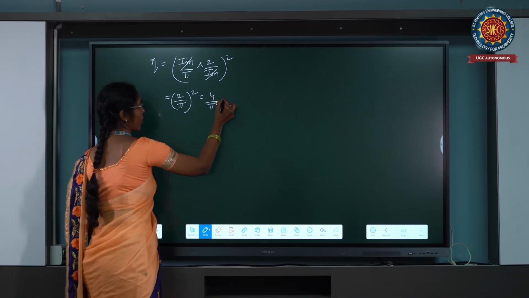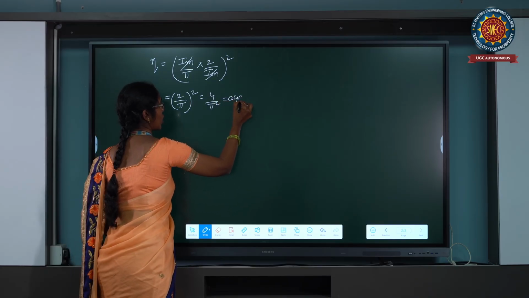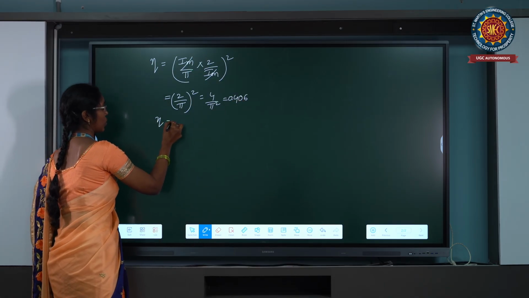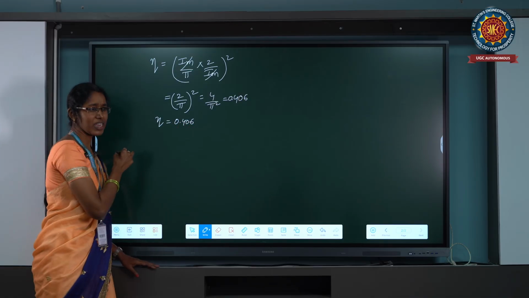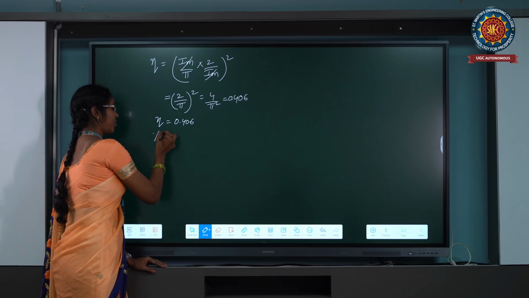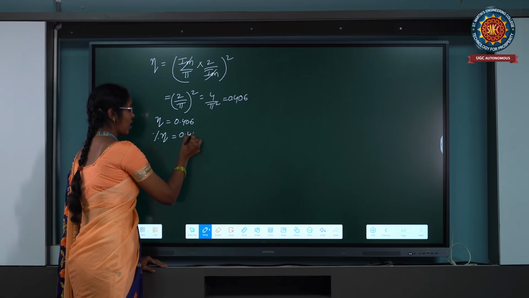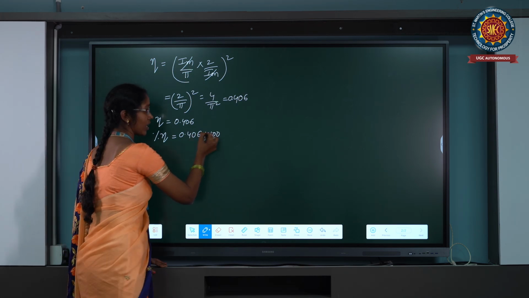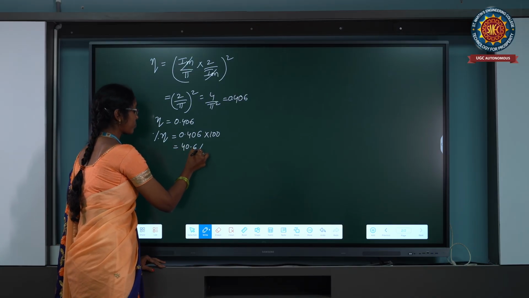The value of 4 by pi square is 0.406. So efficiency eta is equal to 0.406. In general, we represent efficiency in terms of percentage, so we multiply the efficiency value by 100. 0.406 into 100 is equal to 40.6%.